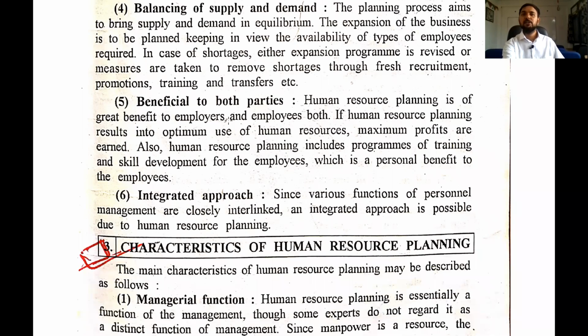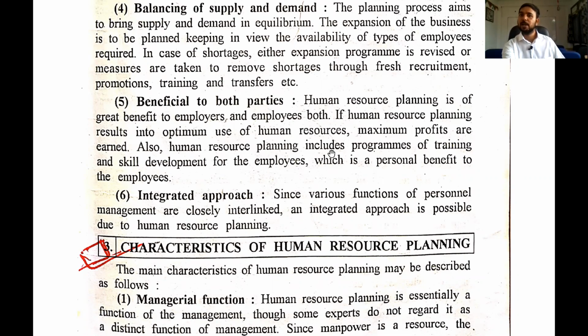Now, beneficial to both the parties. As I have already told you in the previous definition of human resource planning, it is not only about the benefit of the organization, it is also important to have the benefit of the employees or the manpower working in a particular company. So, guys, human resource planning is of great benefit to employers and employees both. If human resource planning results in optimum use of human resources, maximum profit is earned.